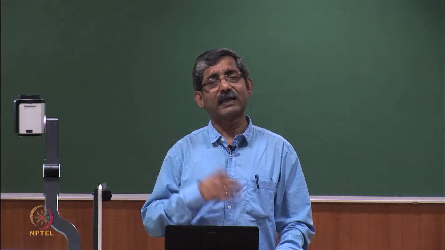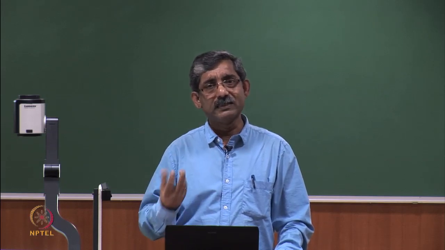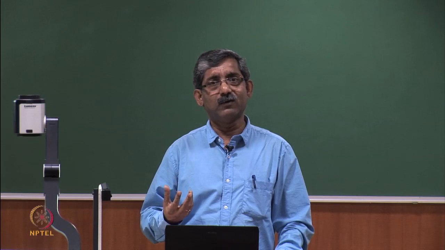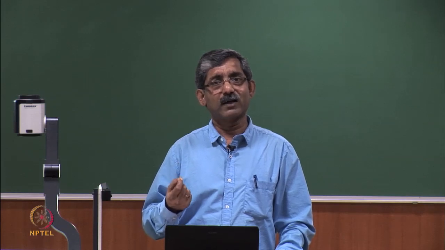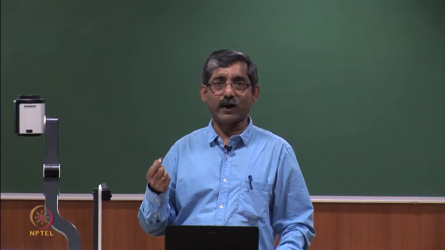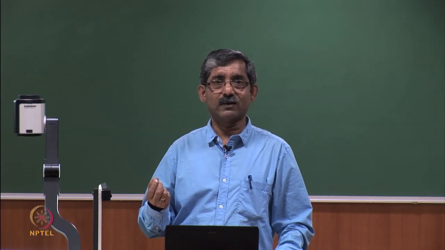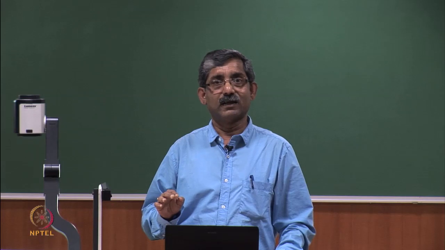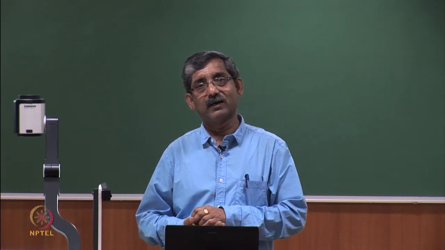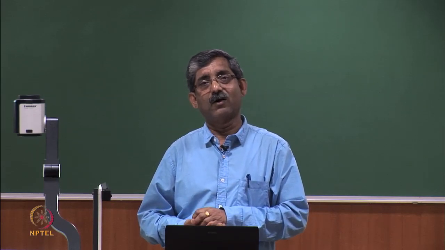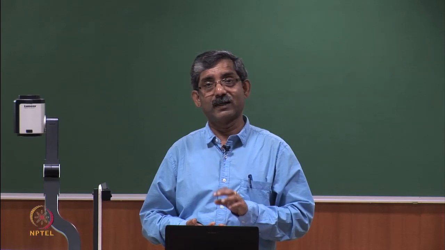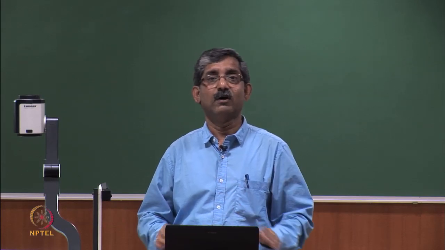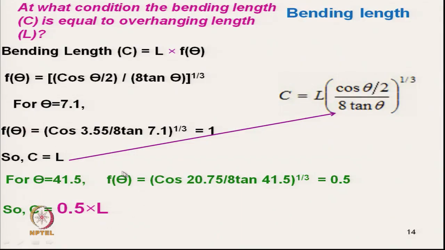So we use the next easy, simple value, where the function of theta is 0.5. That we normally use, and in most instruments like the Shirley tester or the FAST bending tester, we use the value 41.5 degree. So, this is the simple formula.